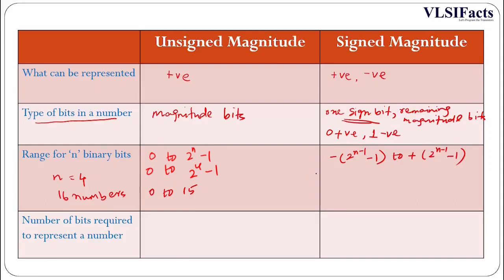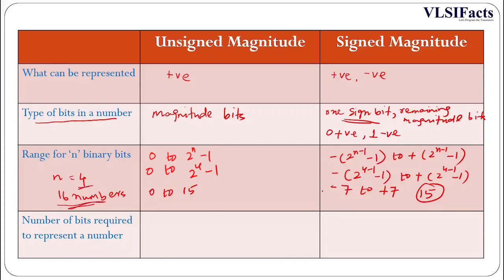So in this case, if n equals 4, this will be from minus (2 to the power 4 minus 1) to plus (2 to the power 4 minus 1), which is nothing but from minus 7 to plus 7. Hey, wait, now you will say that from minus 7 to plus 7, it is a total of 15 numbers. But using 4 binary bits, I should be able to represent 16 numbers.